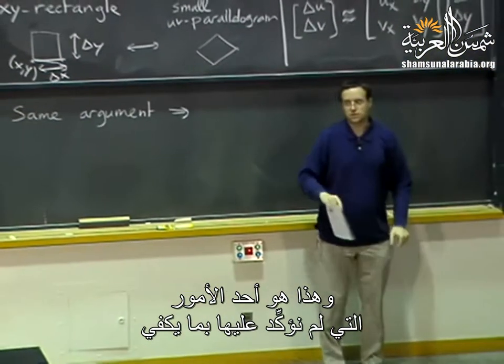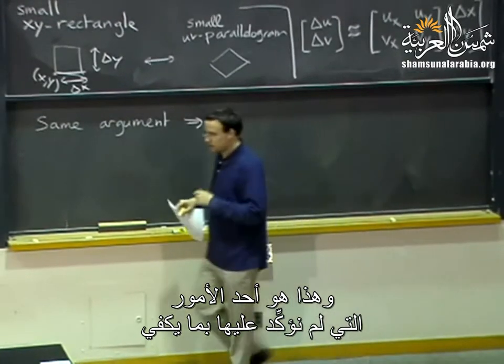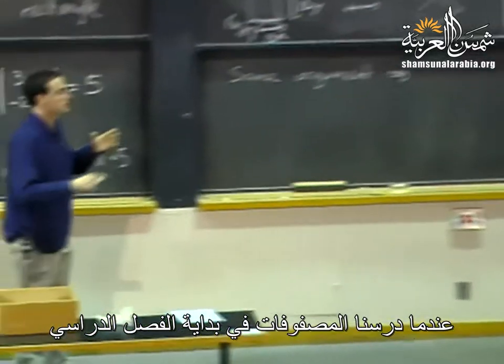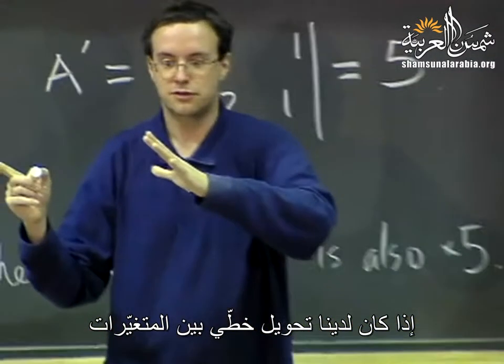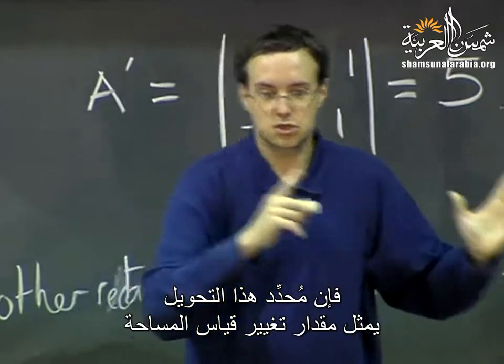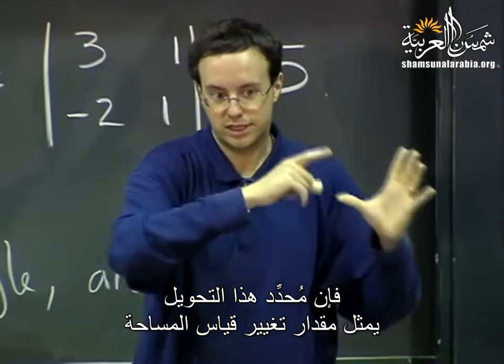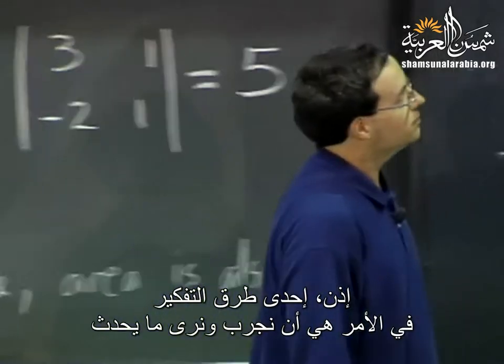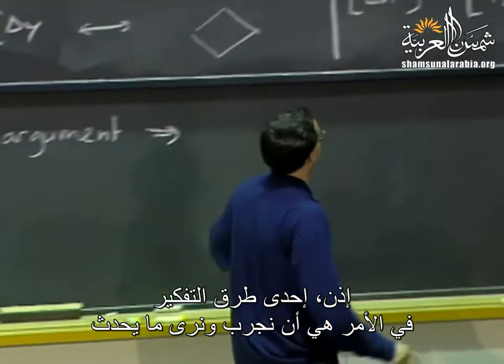So that's one thing that maybe we didn't emphasize enough when we did matrices at the beginning of the semester. But when you have a linear transformation between variables, the determinant of that transformation represents how it scales areas. Okay, so one way to think about it is just to try and see what happens.